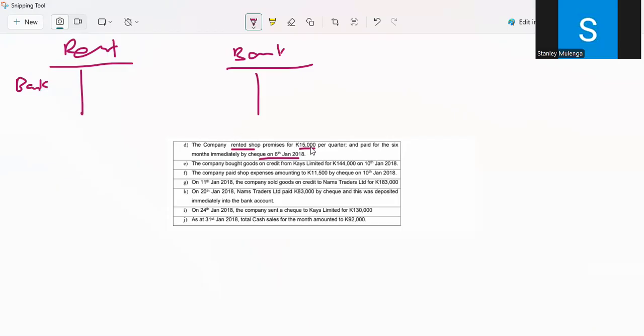So 15,000 per quarter. So we paid for 6 months. How much did we pay in that case? Very important question. How much did we pay? 15,000. How many months are there in a quarter? A quarter is how many months? 3. 3 months.